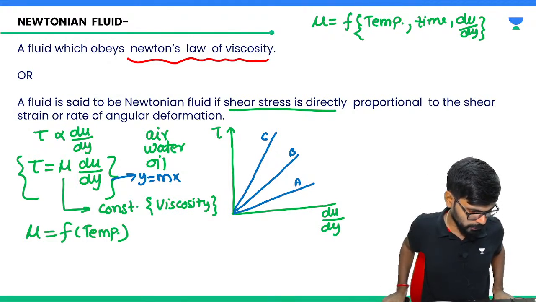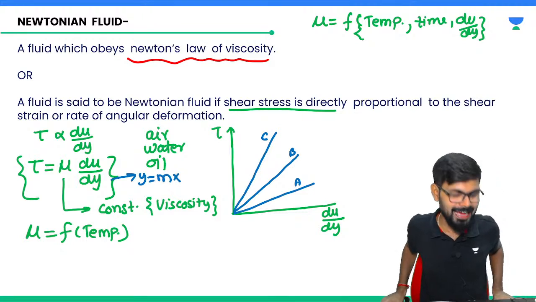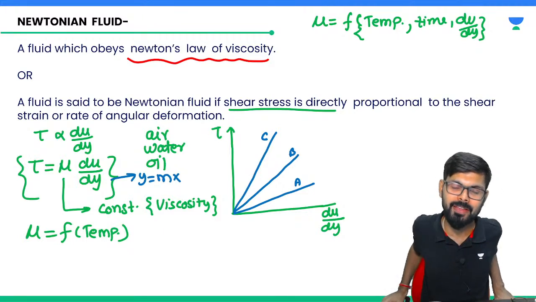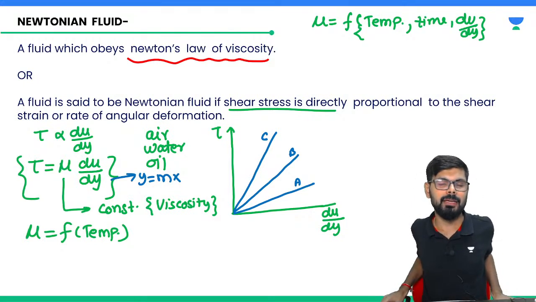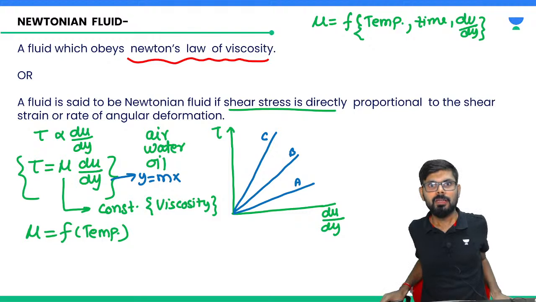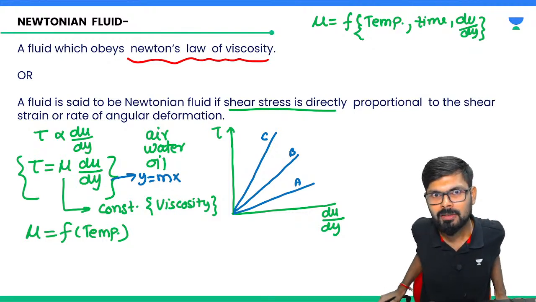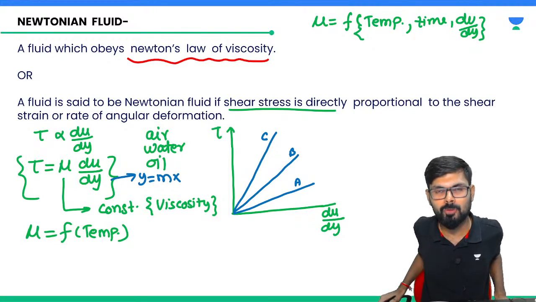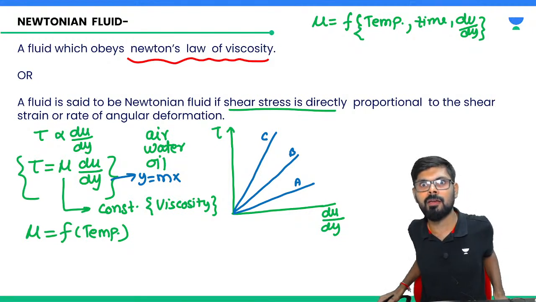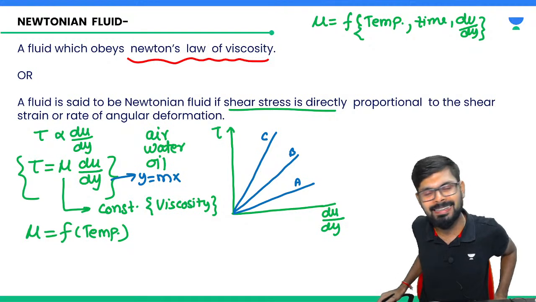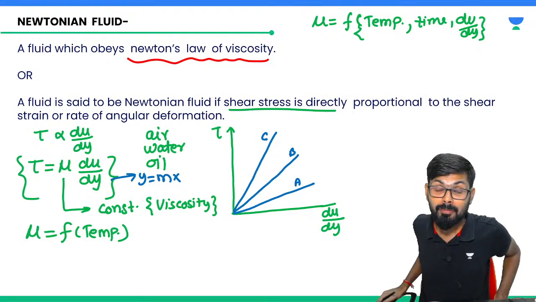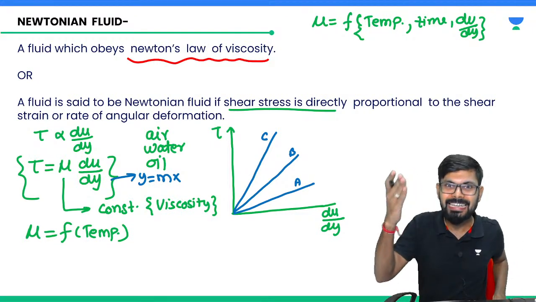Sir, you forgot to teach the topic kinematic viscosity. I did not forget. It will come in its time. Kinematics is not started yet. Don't worry. If you want, I can tell you now that kinematic viscosity is mu by rho, and it is called momentum diffusivity. But there is a perfect time for that.